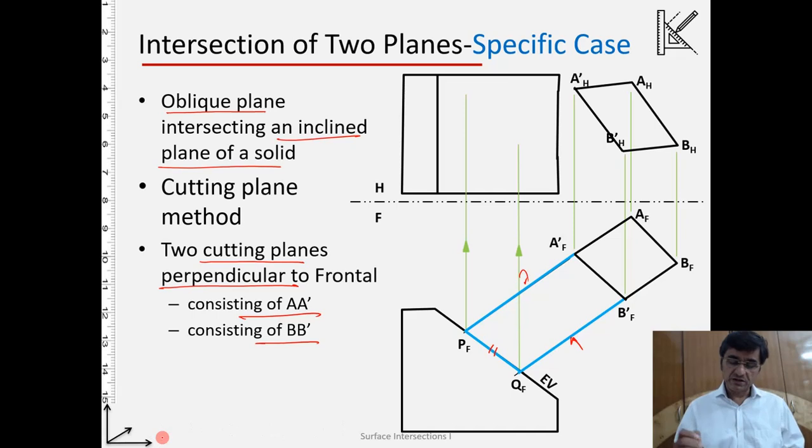So we have taken them to the horizontal, and again we are using the concept of the cutting plane method. Okay, we are using the same concept. Earlier we were talking of the X point and W point. So here P point and the other point, which lies on the inclined plane.